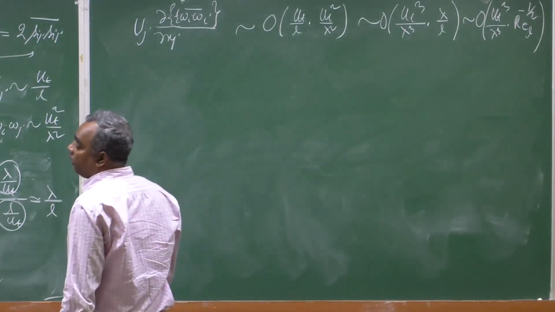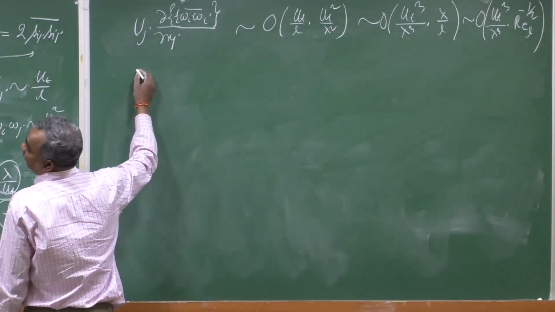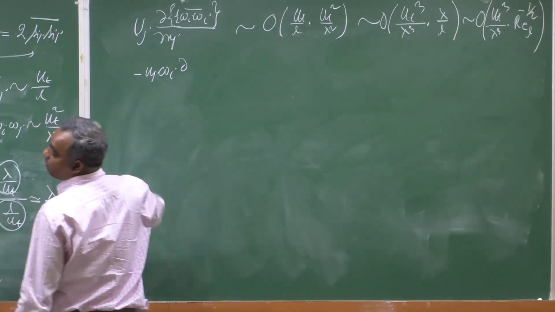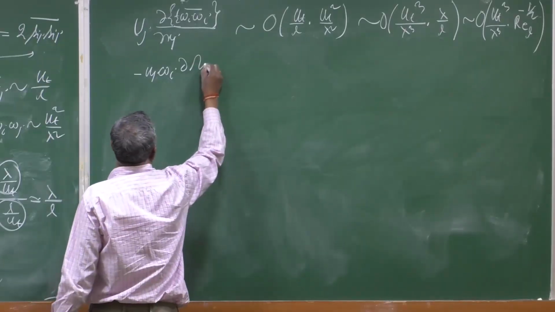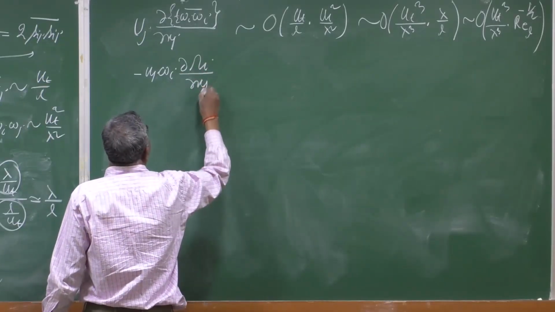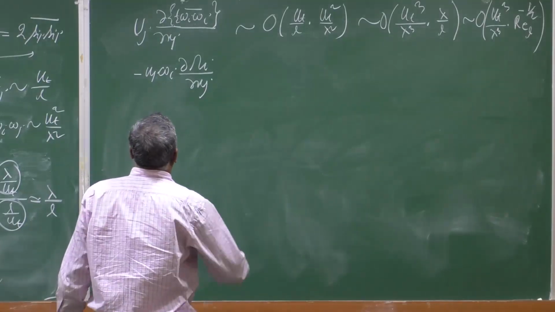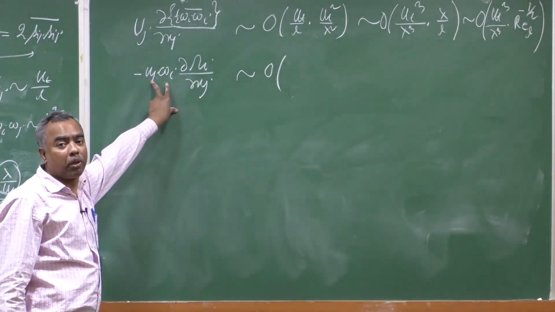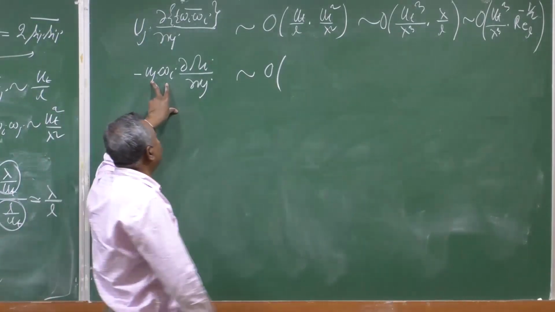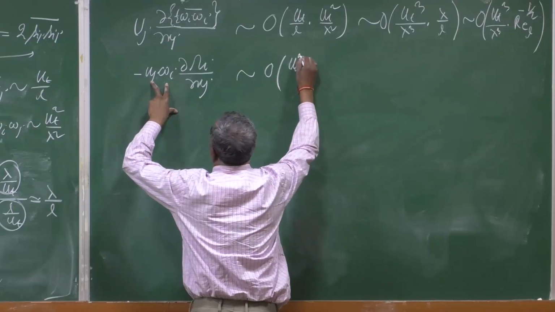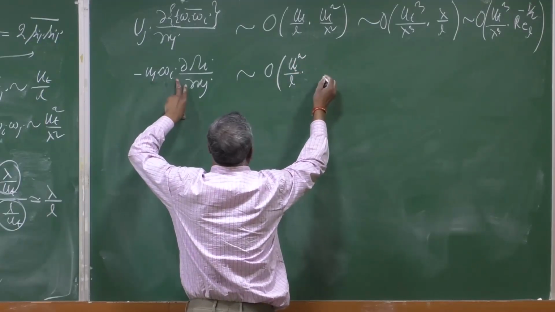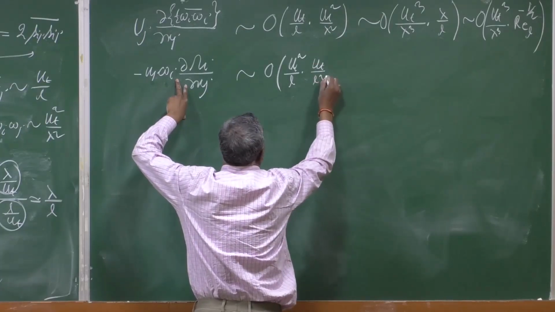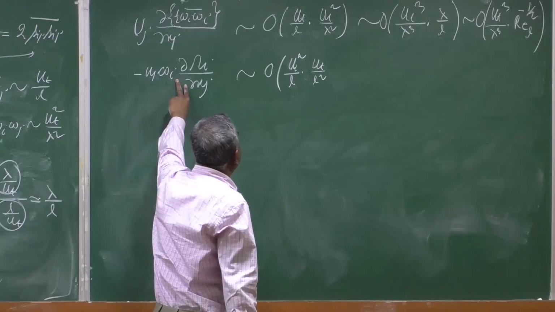Now, the order of the next term. So, the next term is minus u_j omega_i, del x_j, the order of this term. The order of this term is what? Gradient of Reynolds stress, u_t square by L. Okay. So, this is going to be u_t square by L into u_t by L square, right.